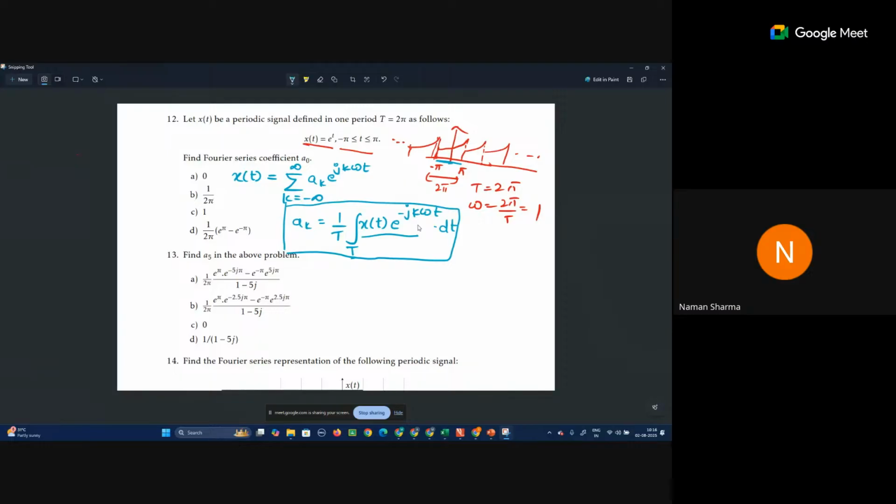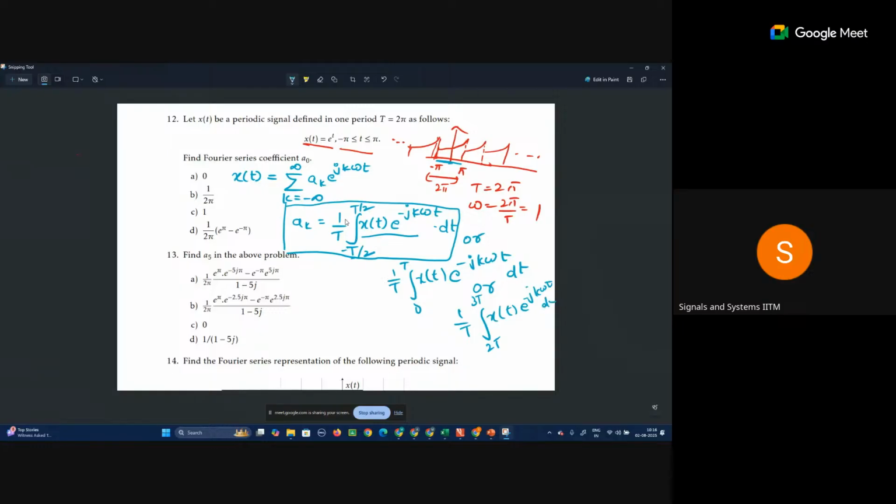It can be from minus T by 2 to T by 2, or from 0 to T of x of t e power minus jk omega t dt, or 1 by T integral from 2T to 3T.